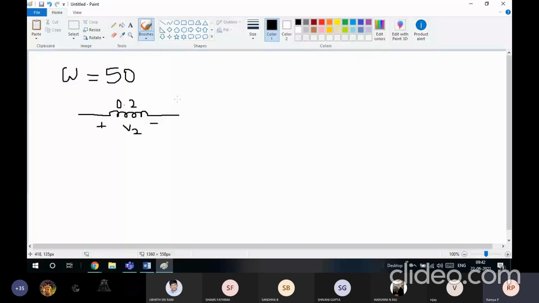This is connected to a resistor of 2 ohms, and the other end is connected to a capacitor C of 0.01 farad, with positive and negative marked as given in the figure.